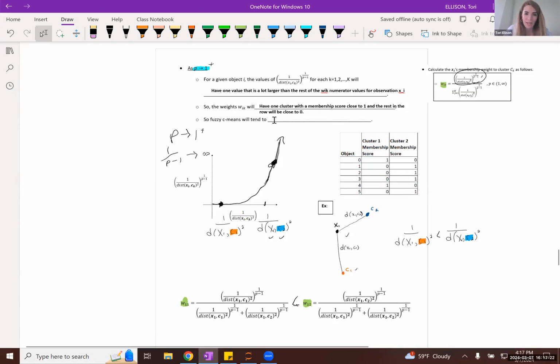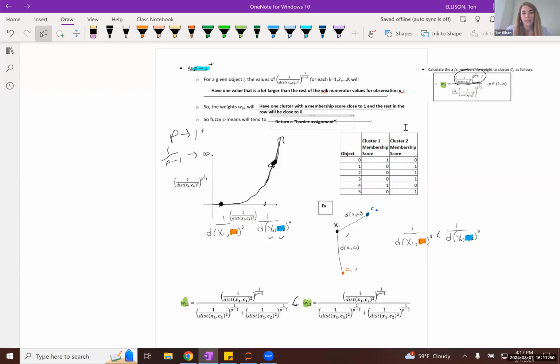So in other words, when you set that value of p closer and closer to 1, what that means is that c-means will tend to return what we call a harder assignment. So in other words, a given observation belongs to mostly 1 and only 1 cluster.